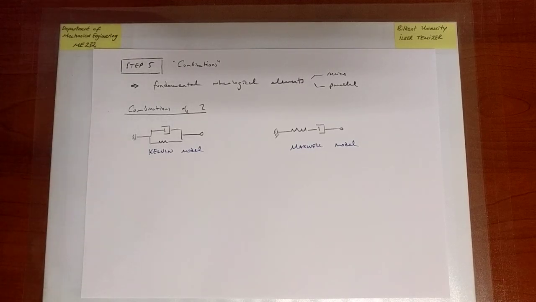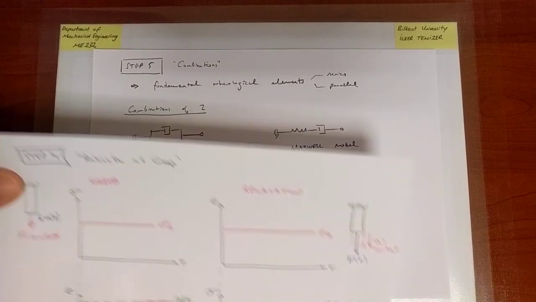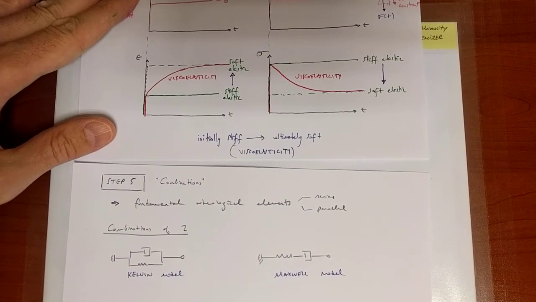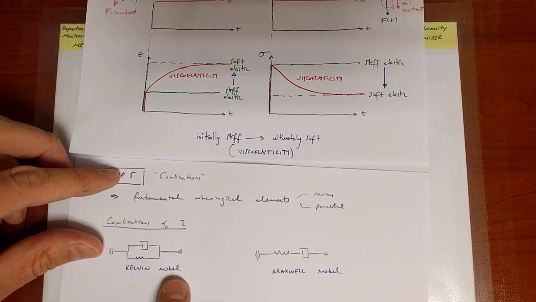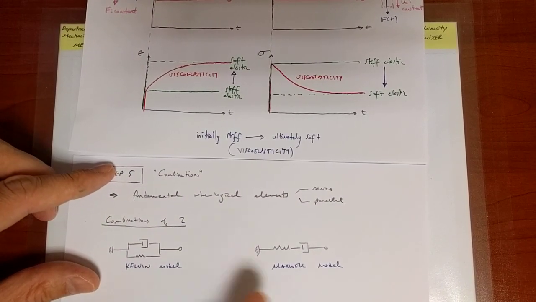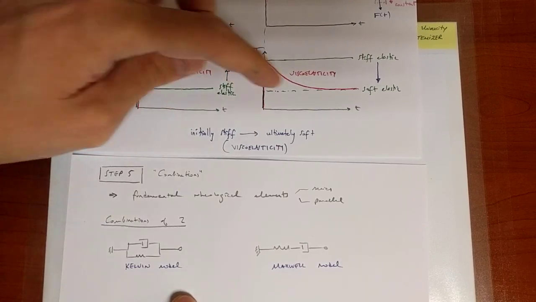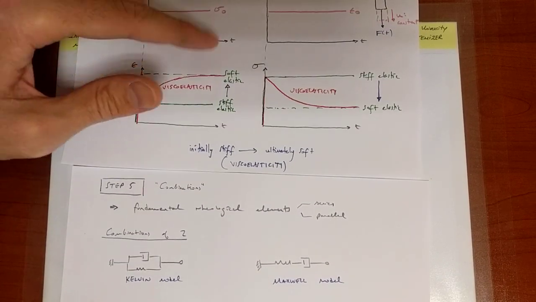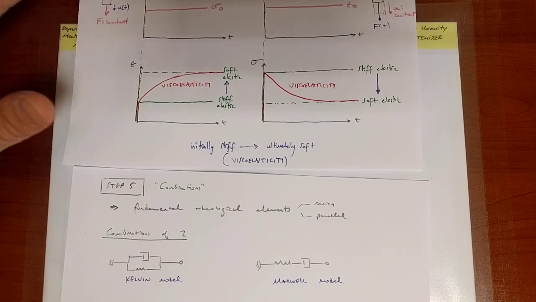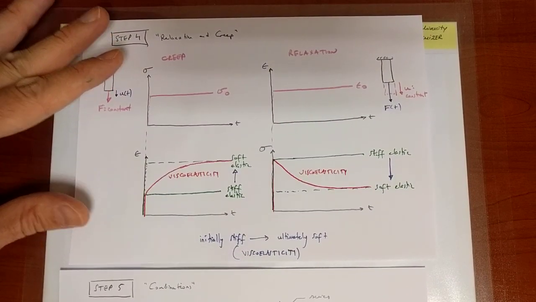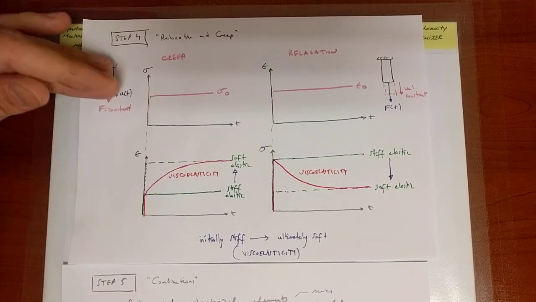We can of course look at both, but if it is a good model, then it should satisfy the type of behavior that we expect under creep and relaxation experiments.